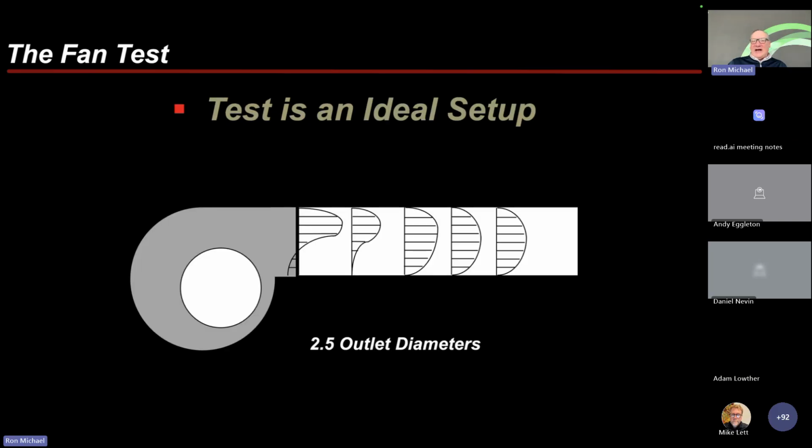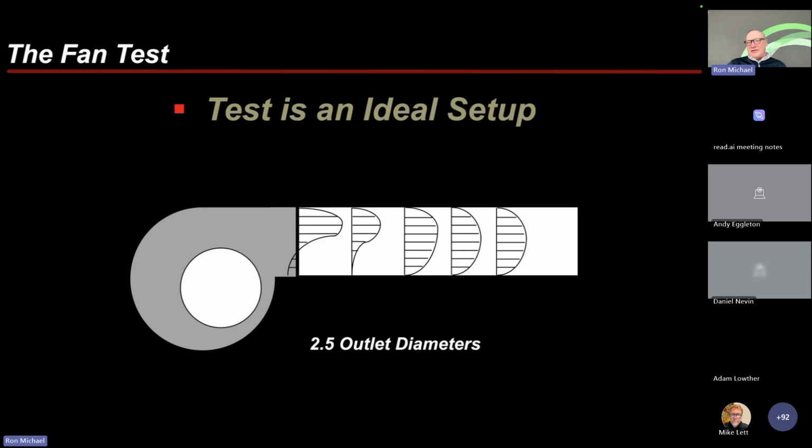Again, it's an ideal setup. So for instance, when we look at typical blowers, they're tested free inlet with an equal diameter, three diameter outlet on the discharge.